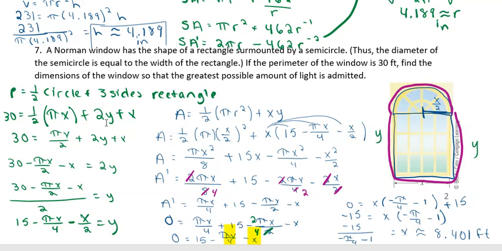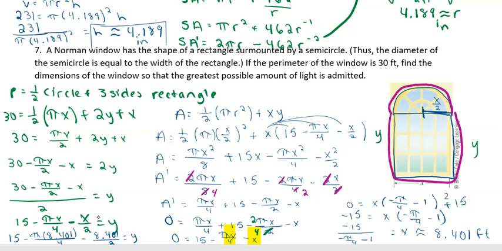This one's kind of messy, so I'm going to go ahead and put it back in right here into the y. So that's going to look like 15 minus pi times, what did we have, 8.401, that's our x, all over 4, minus 8.401 all over 2 is equal to y.